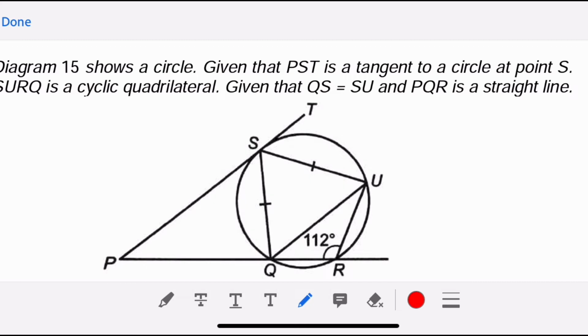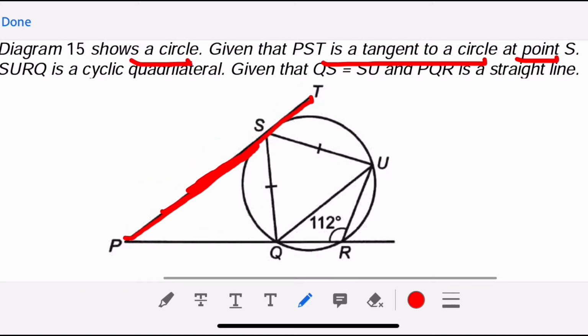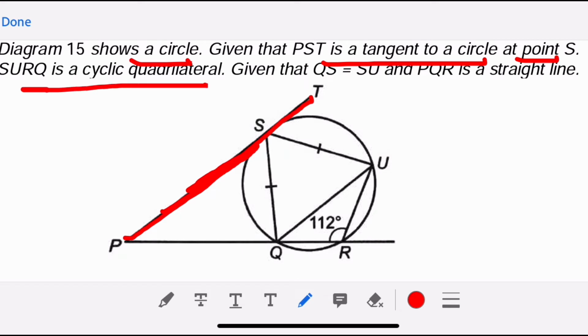Diagram 15 shows a circle tangent to a circle at point S. The moment we see a tangent to the circle, we will identify the property as a cyclic quadrilateral.